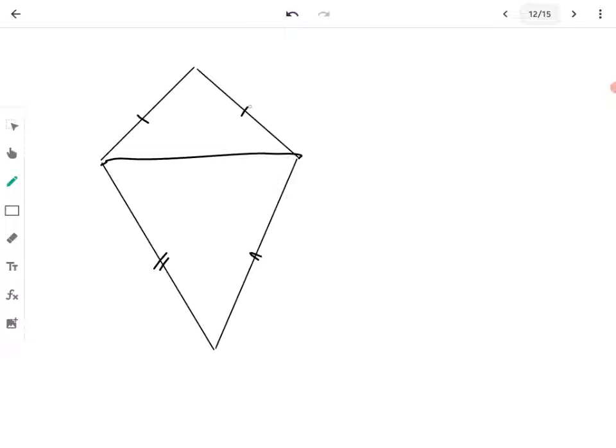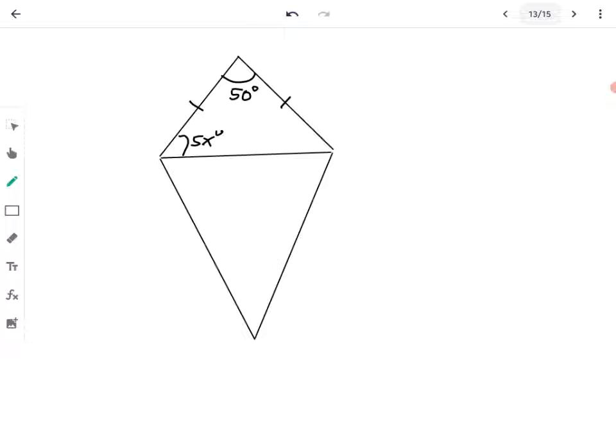Since they are equal sides, this angle is equal to this angle, and the same with these angles. So if we draw that diagonal, the kite will be divided into two isosceles triangles.